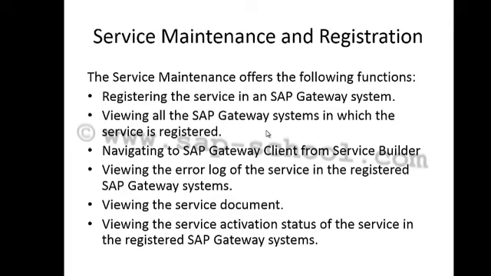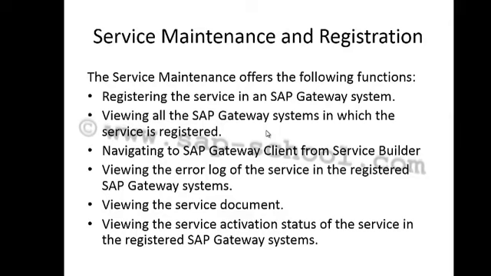We use the service maintenance function in the service builder to register and maintain each service in an SAP gateway system. This function also enables us to maintain the services created and redefined directly in the service builder, as opposed to navigating to another system such as an SAP gateway hub system.